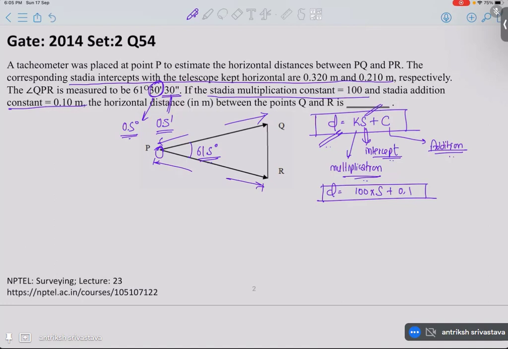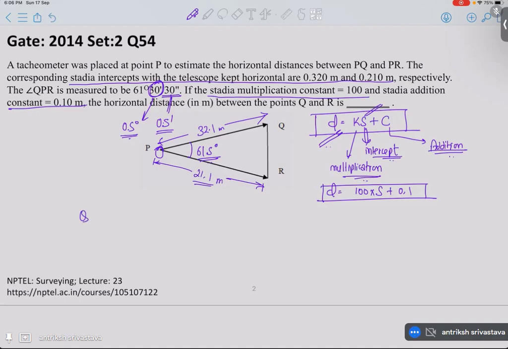Okay, so let's not wait for this simple thing. We have some more interesting things, so I will solve them. For PQ, we have intercept 0.32 multiplied by 100 is 32, and then addition of 0.1 gives 32.1 meters. And for PR, we have 0.21, so 21.1 meters. Clear till here?